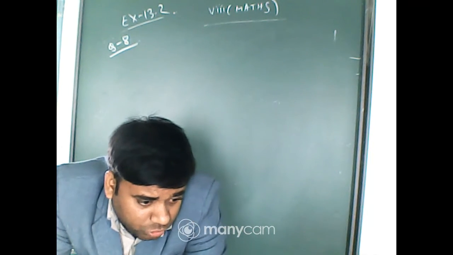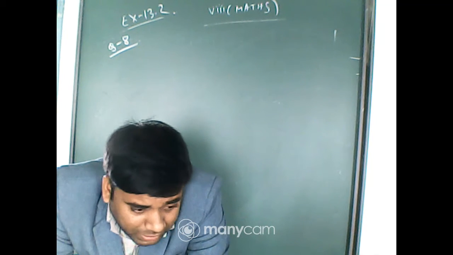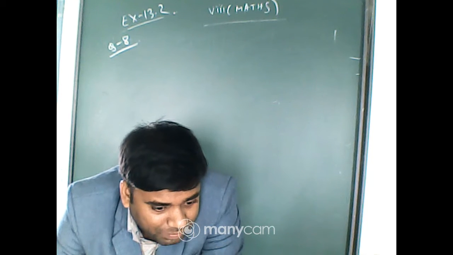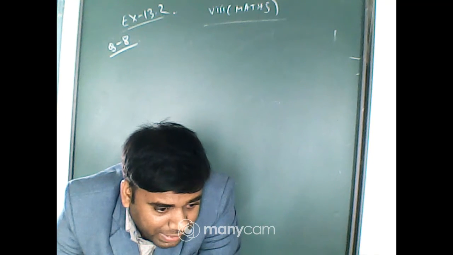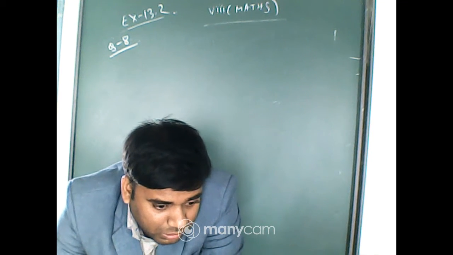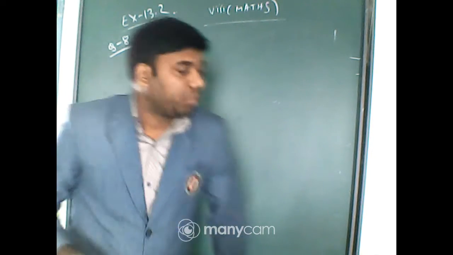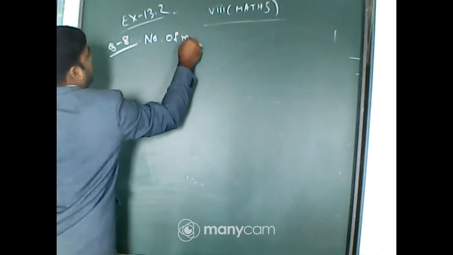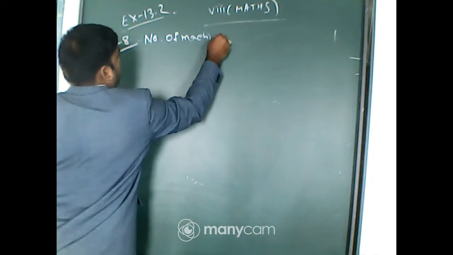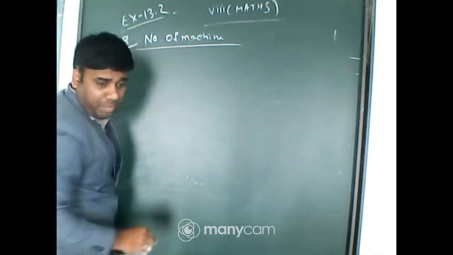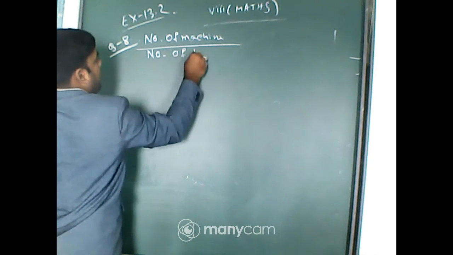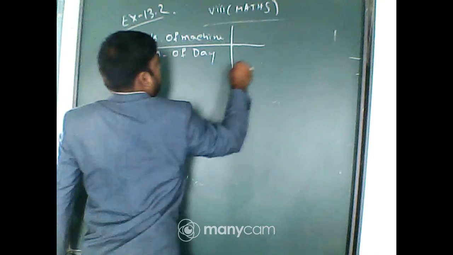Question number 8. A factory requires 42 machines to produce a given number of articles in 63 days. Okay, it's also a very easy sum, students. So number of machines and number of days.